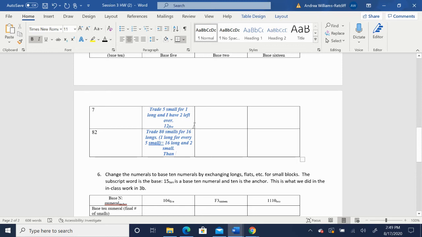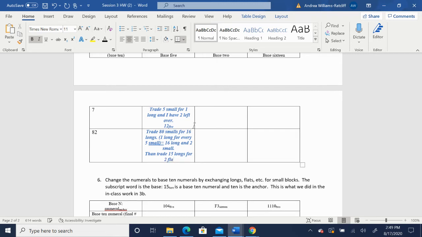Then I'm going to trade 15 longs for 3 flats. Again, 5 longs equals 1 flat.